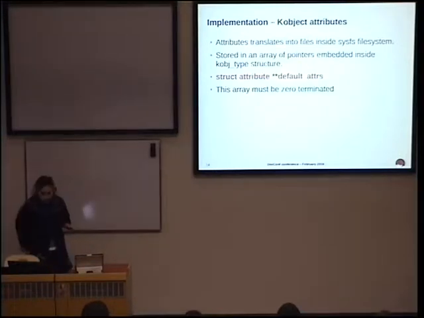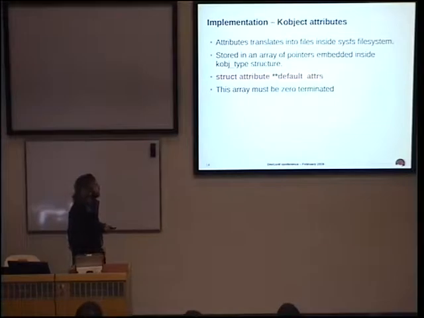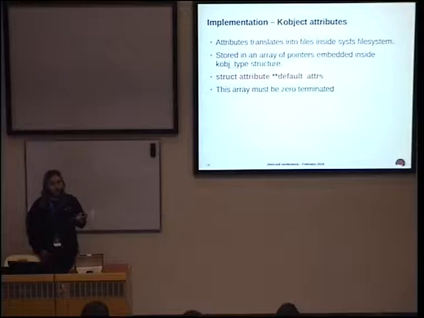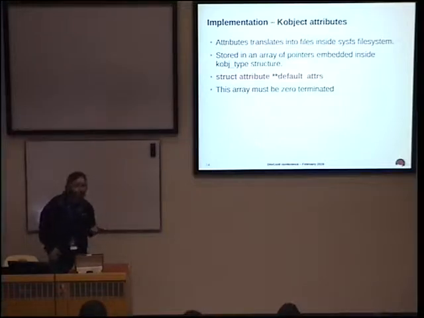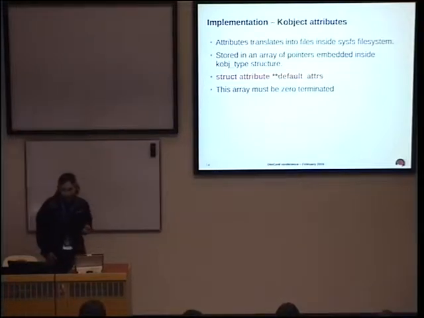So, the KObject attributes we were talking about before are basically how the files inside the sysfs file system behave. Every attribute inside the KObject is translated to a single file inside the sysfs file system. As I showed you guys before, it's pointed to by the KType structure.